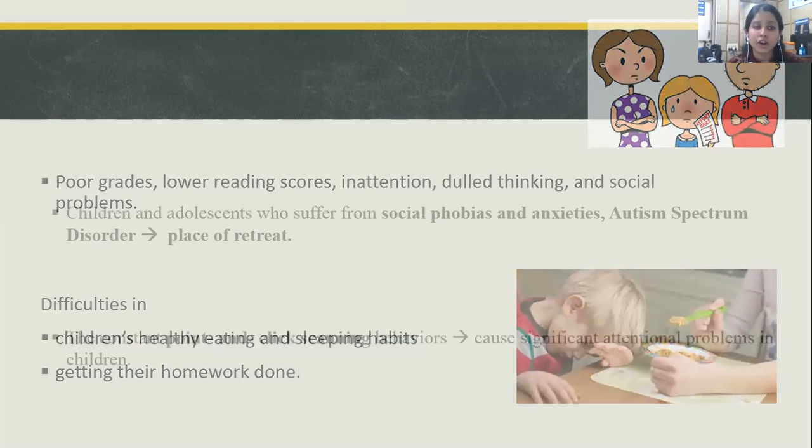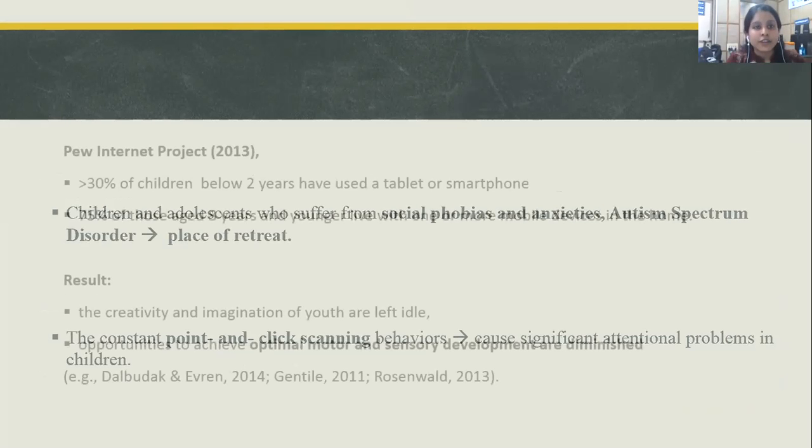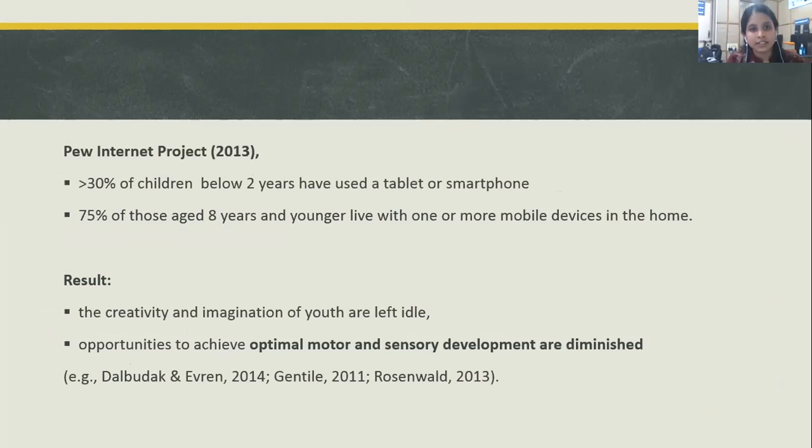Children with autism spectrum disorder or any sort of social anxiety problem find their place of retreat in this kind of media usage. One of the studies done in the US has revealed that greater than 30% of the children below 2 years have used tablets or smartphones.